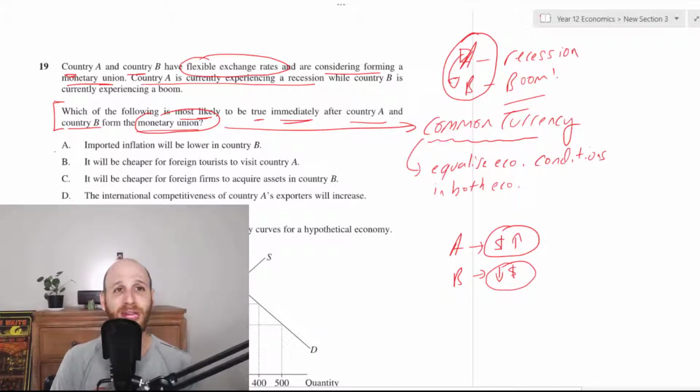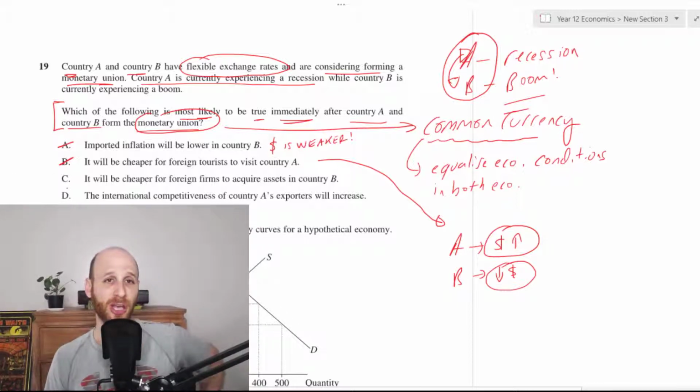So if I look here, A, imported inflation will be lower in country B. Imported inflation will be higher because their currency is weaker. B, it will be cheaper for tourists to visit country A. No, the logic of the question, thinking actually country A's currency will go up, so it'll be more expensive.